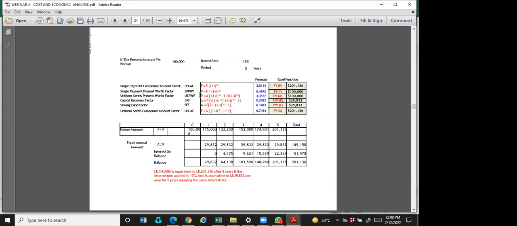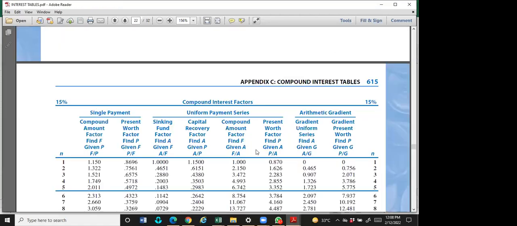If you are calculating the present value from the future value, the present value will still give you 100,000. This is the formula you apply. If you do the reverse, you get back to this. Going back to your interest table, instead of 2.1 here, if you're looking for the present value, you get 0.4972.